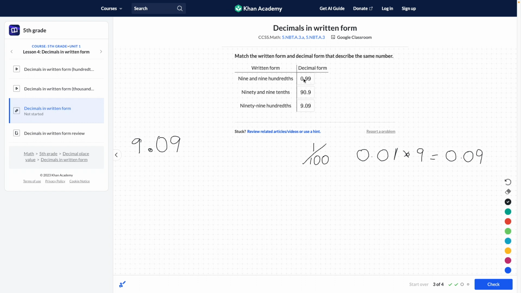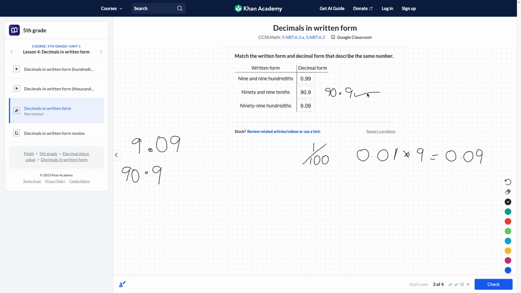Well, this has got 9 tenths there, so we know this is 90 and 9 tenths.